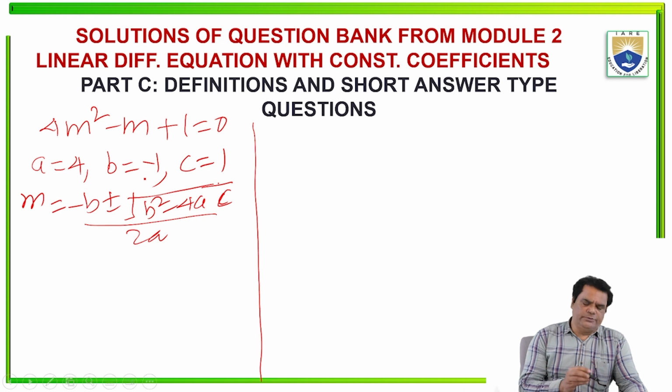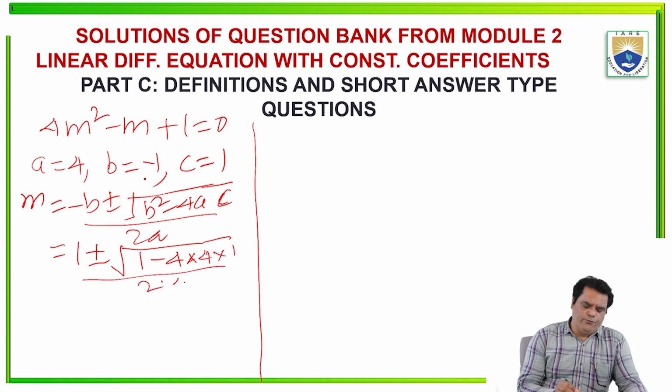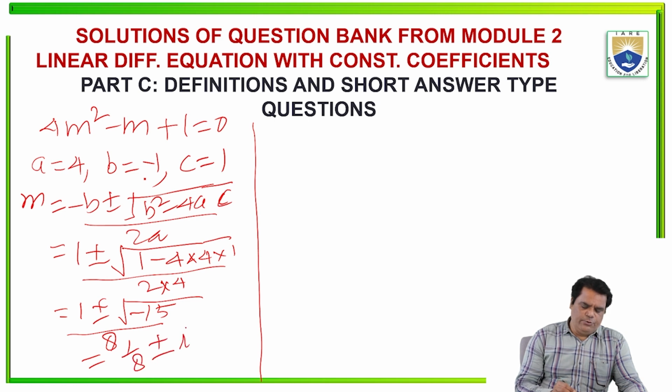So minus b means plus 1, under root 1 minus 4 into 4 into 1, upon 2 into 4. So here 1 plus minus under root minus 15 upon 8, so 1 by 8 plus minus i root 15.